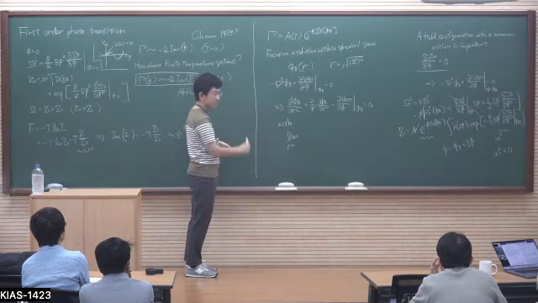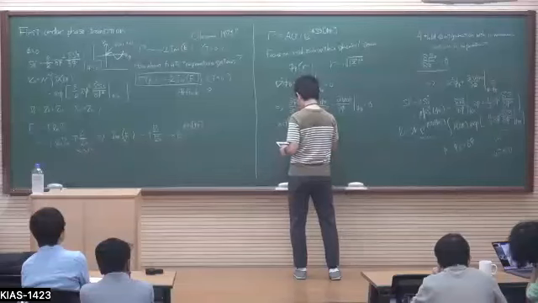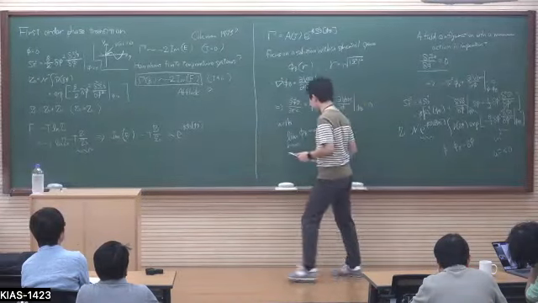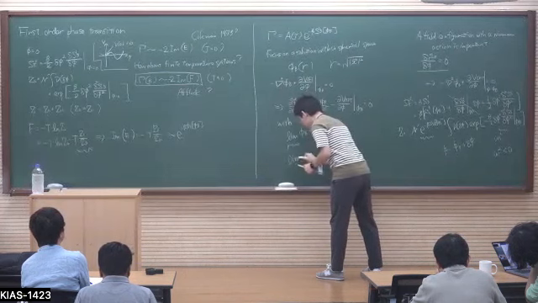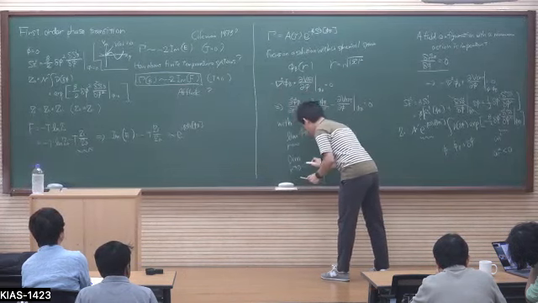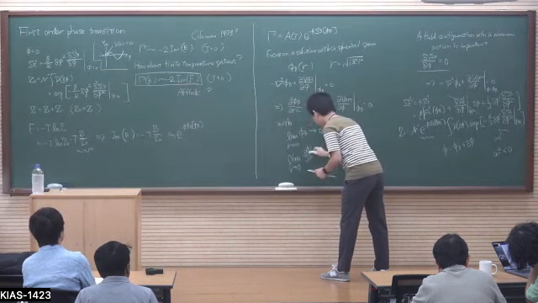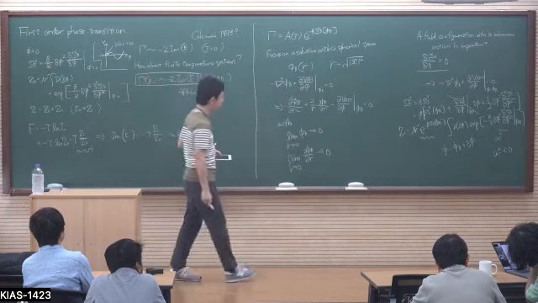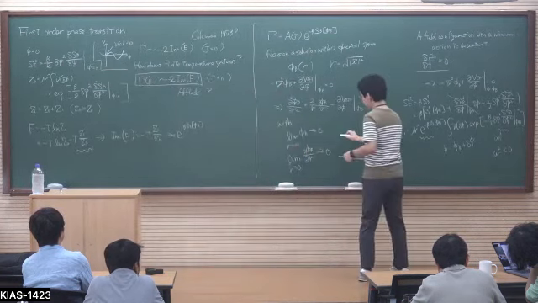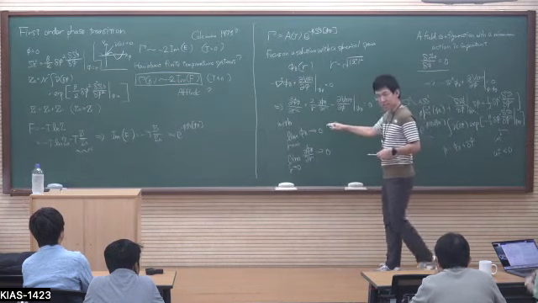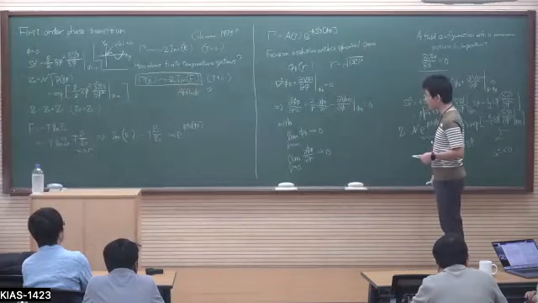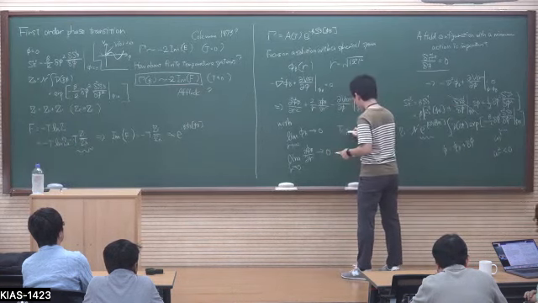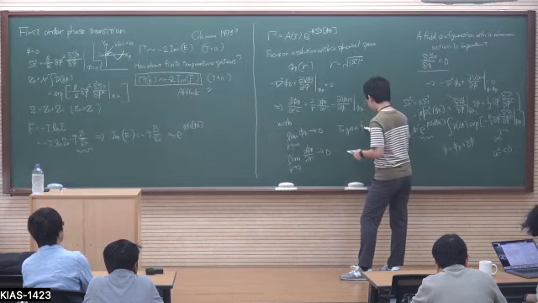Since this equation includes the second derivative, we should take into account two boundary conditions. The first one is like this, and the second one is this. We will find the solution with these boundary conditions. The first boundary condition is required to obtain a finite action.